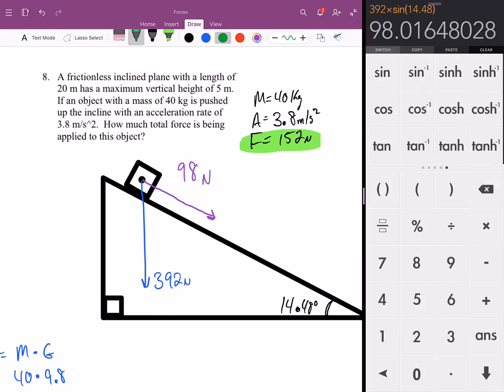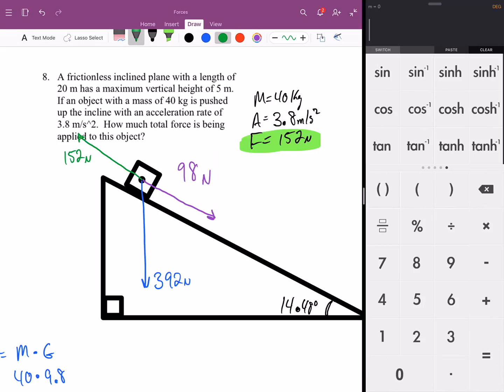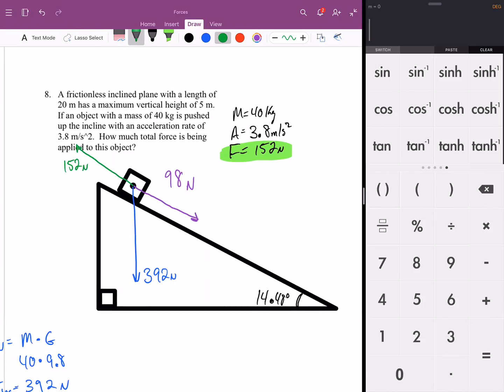Now go with the original force from the direct application of 152 newtons. These two forces are going different directions. 152 minus 98 equals a total force of 54 newtons.